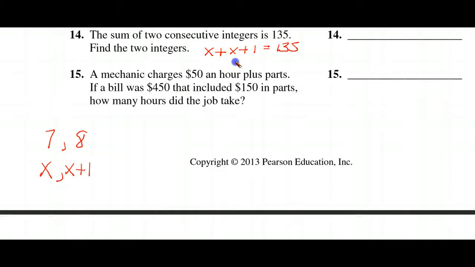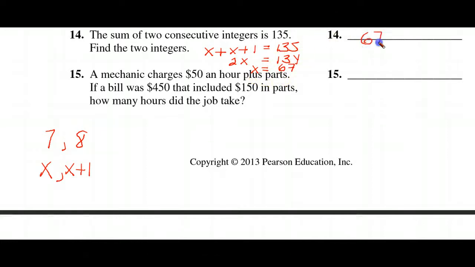So we group like terms. This is going to be 2x. We're going to subtract 1. This is 134. We're going to divide both sides by 2. That's going to give me 67. So that's my first integer. So what's the next one?